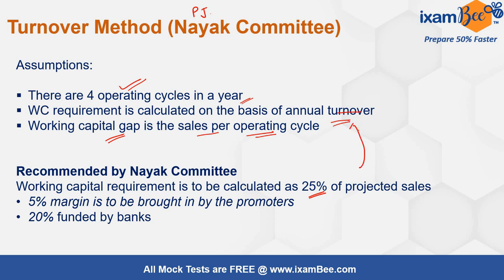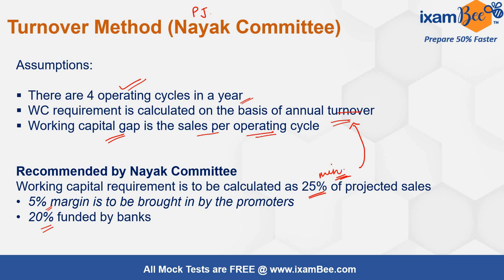So because there are 4 operating cycles, 25% of your annual turnover becomes the working capital requirement for a company. The committee suggested that this 25% should be the minimum, not the maximum, requirement which the company may have, which can be funded to the extent of 20% by banks, and the 5% is the margin which the promoters or the company itself should bring in in the form of equity.